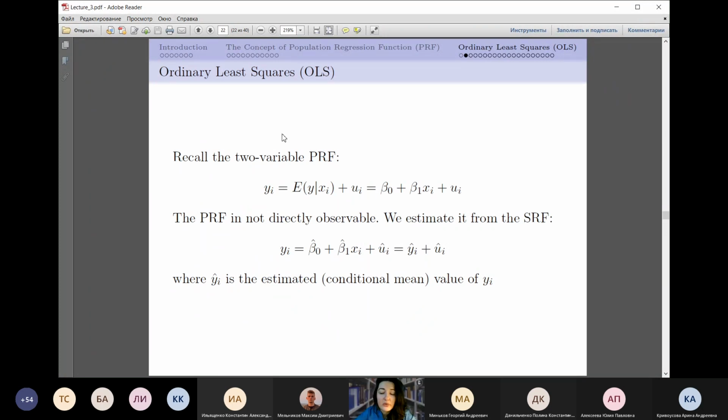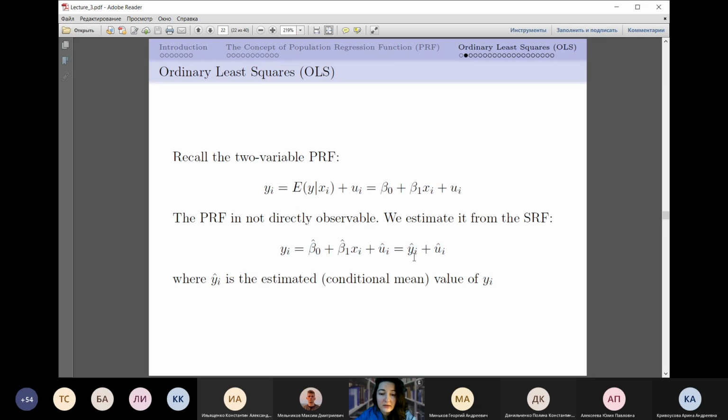We continue to work with the simple regression model. So today we discuss only the model where we have only one independent variable. Our main idea is that we use the sample regression function and this equation.